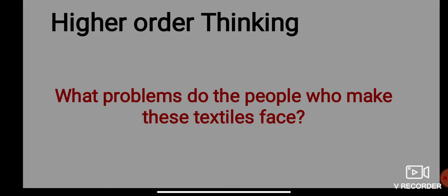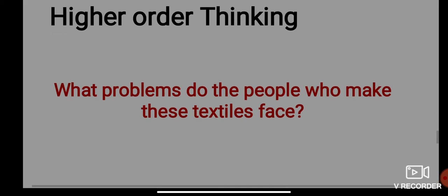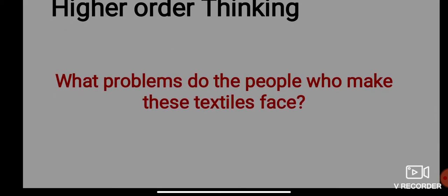And this leads to them being cheated and not paid enough for their hard work. And see, even the trade is getting expensive, and this makes it difficult for the craft people. So those are some of the problems that the people who make this textile face.